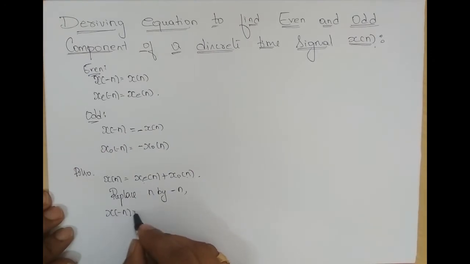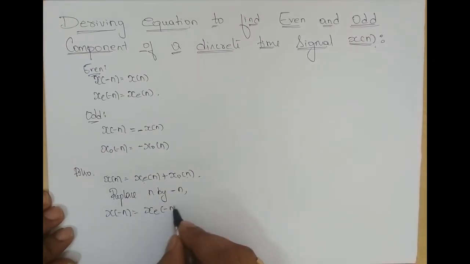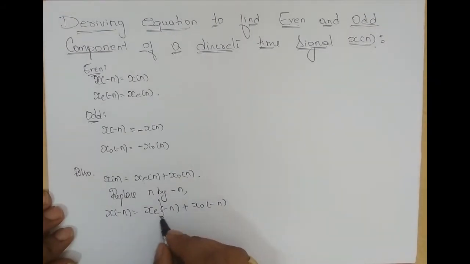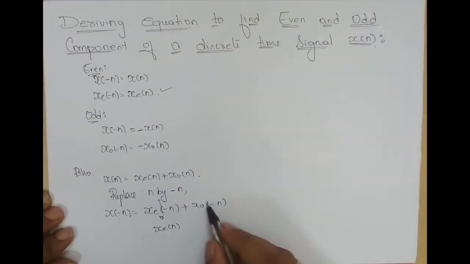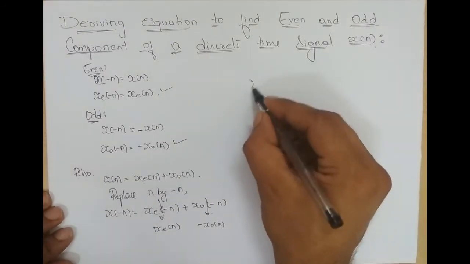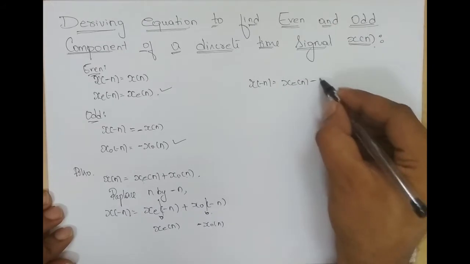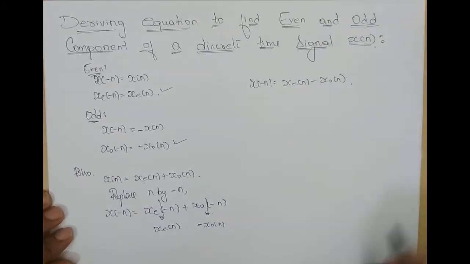X of minus n is equal to xe of minus n plus xo of minus n. But what is xe of minus n? It is xe of n, from this condition. What is xo of minus n? It is minus xo of n from this condition, right? So what do we get? X of minus n is equal to xe of n minus xo of n, right?